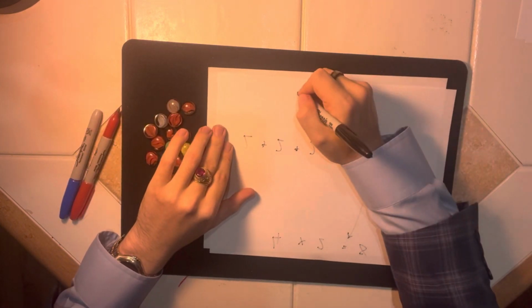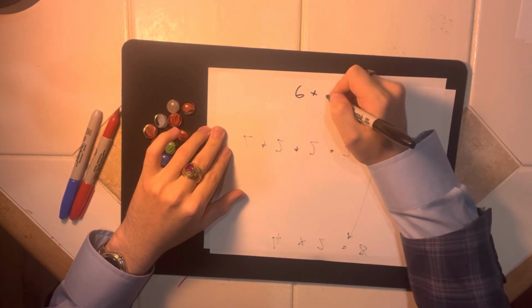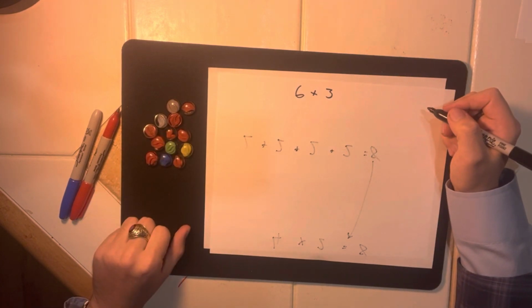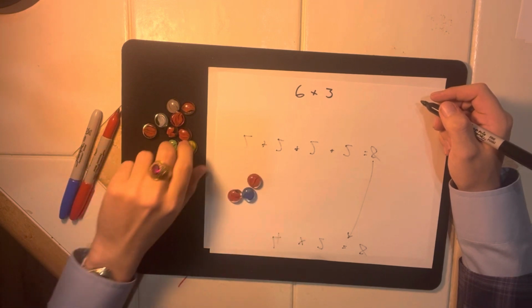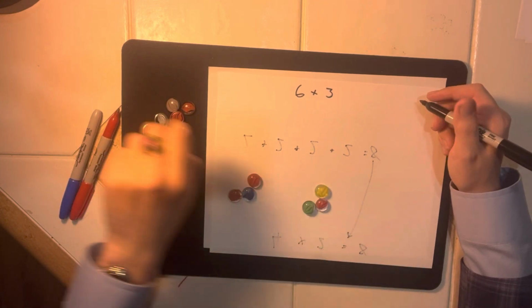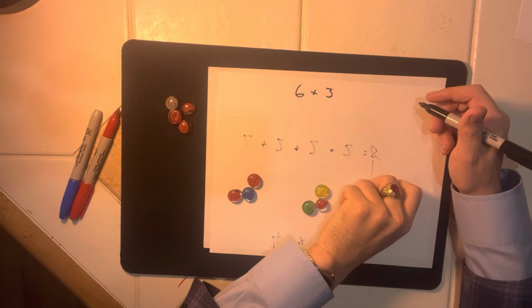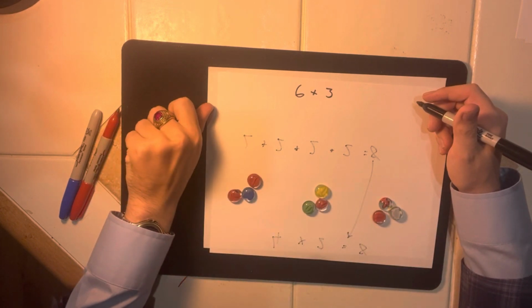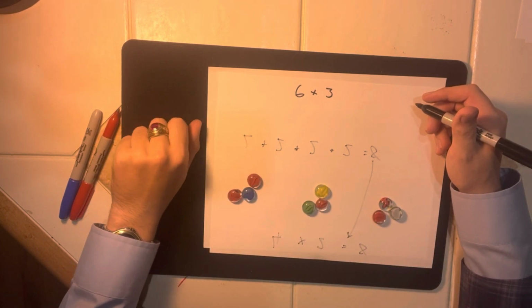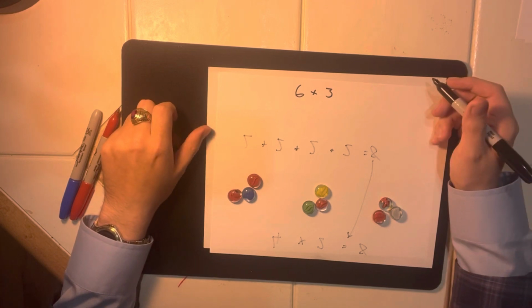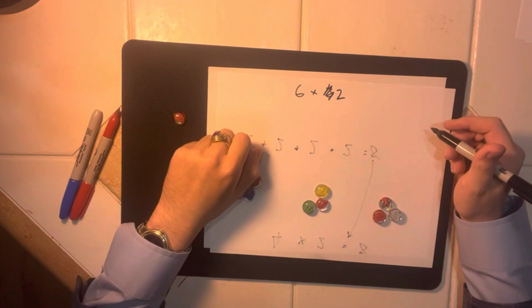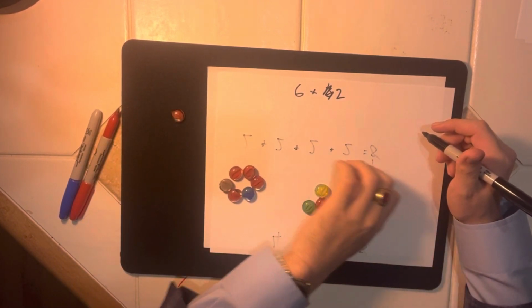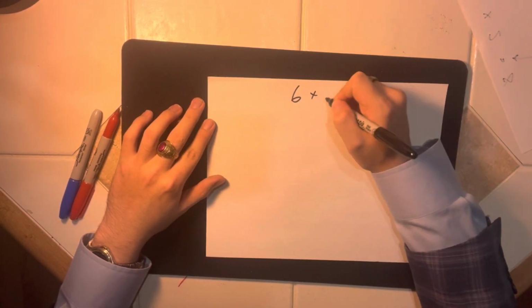So what if we make this harder? 6 times 3. Well, do I have that many stones? I think I should. Okay, maybe we shouldn't do 6 times 3. Let's do 6 times 2.